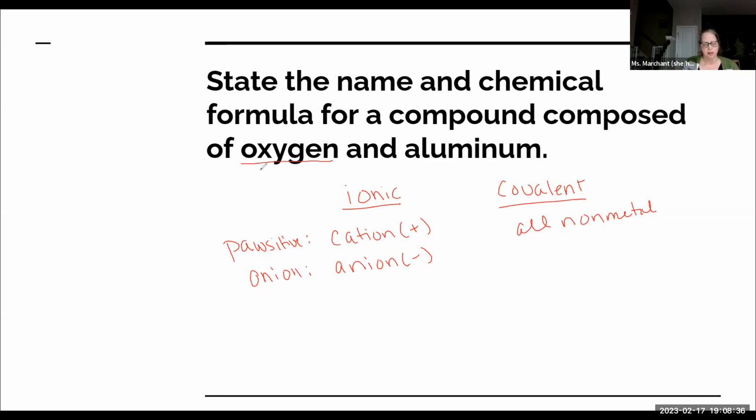So let's look up some information. Oxygen is in group 16 or family 16. It could be called either way. And that is the 16 column on the periodic table. That means it has 6 valence electrons, 6 electrons in its outer energy layer. It wants to have 8 electrons so that it can be like a noble gas and complete its octet.